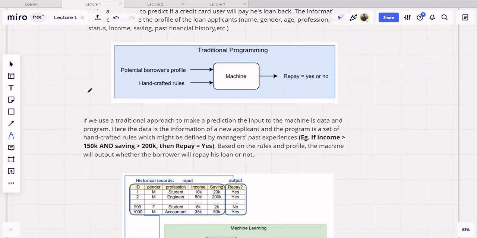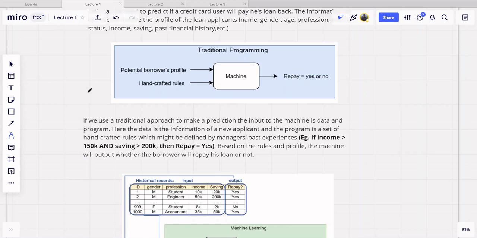So if income is greater than 150k and saving is greater than 250k, then loan repay is equal to yes or no, something like that. In this example, we had only two data points about each user: his income and his saving, which is very easy. We can easily create a conditional statement for these two data points, and we can easily create a prediction.